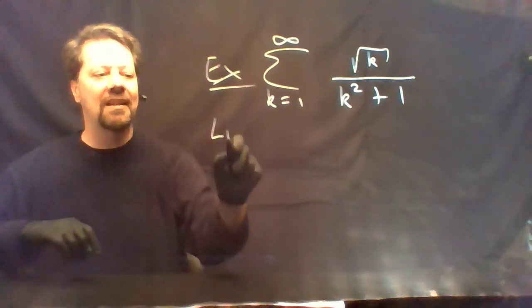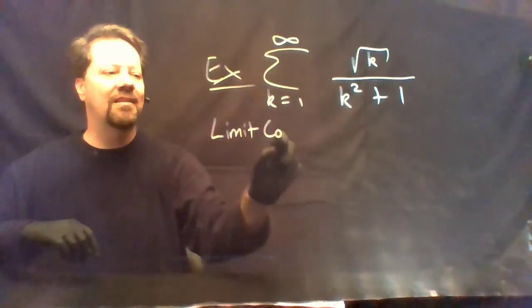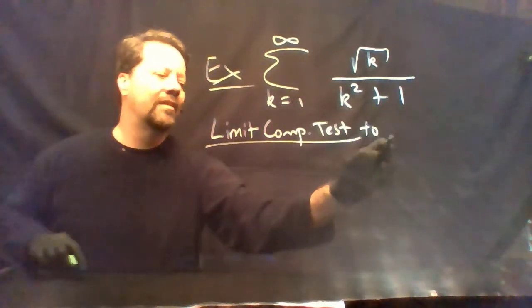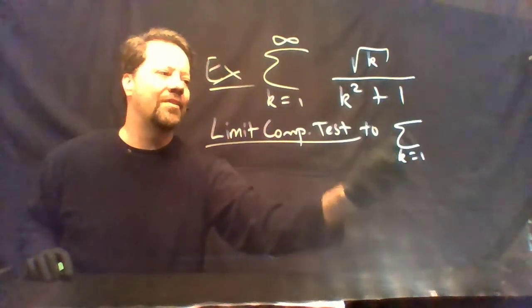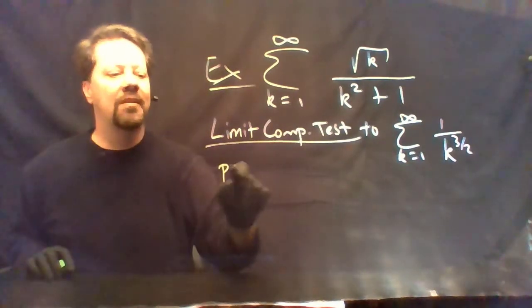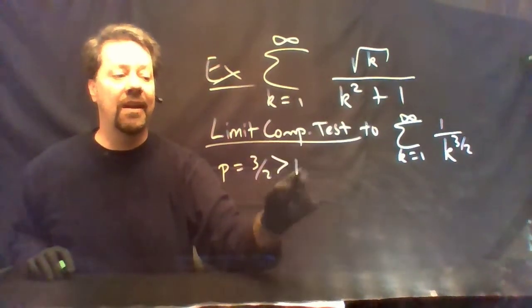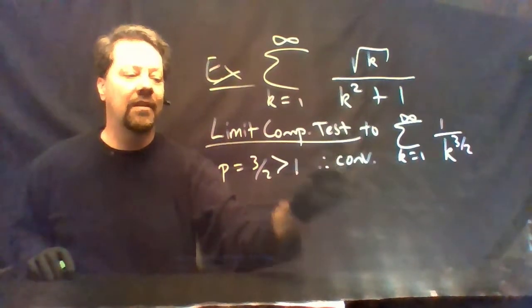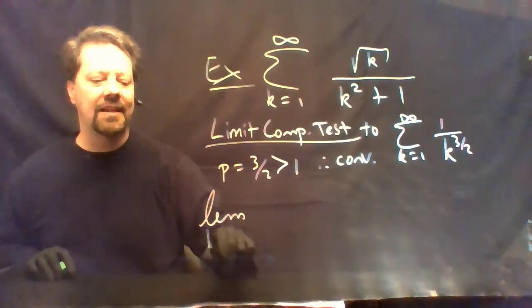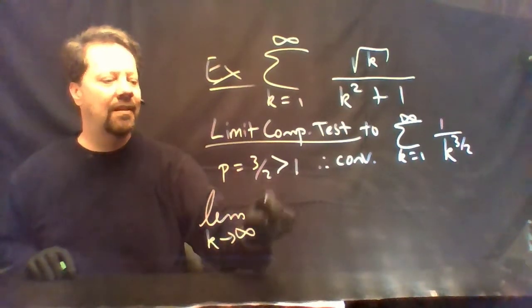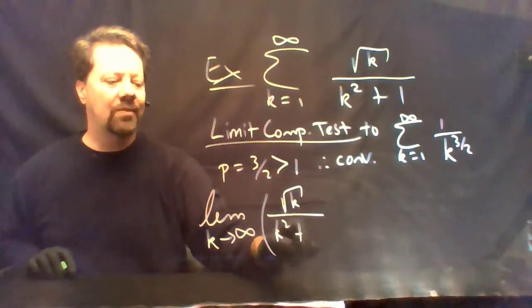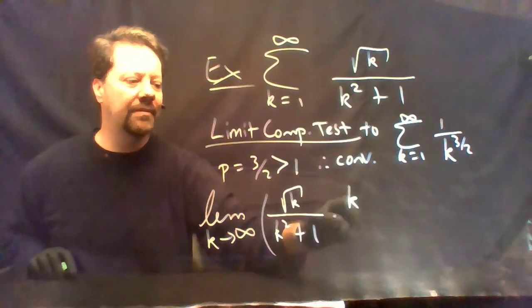So we will use the limit comparison test to the sum as k goes from 1 to infinity of 1 over k to the 3/2, where p is 3/2, strictly greater than 1, which therefore converges. Now we will implement the limit comparison test. We'll take the original series, the square root of k over k squared plus 1, and multiply by the reciprocal.